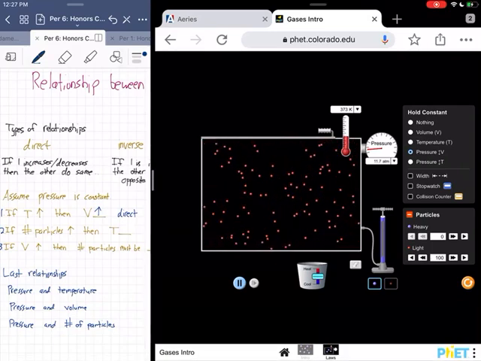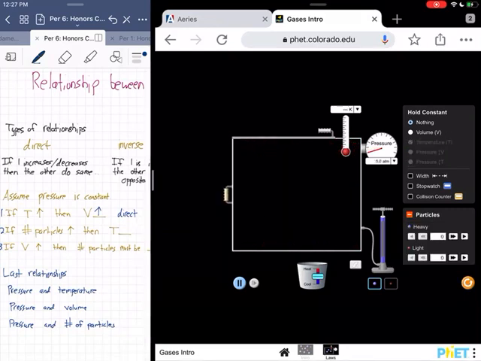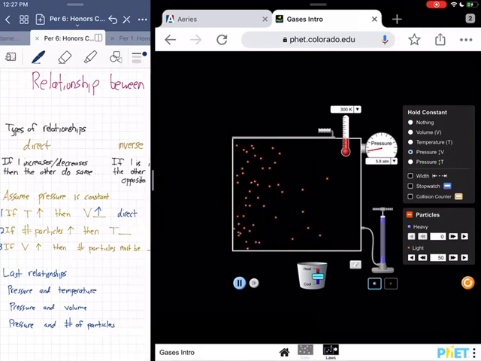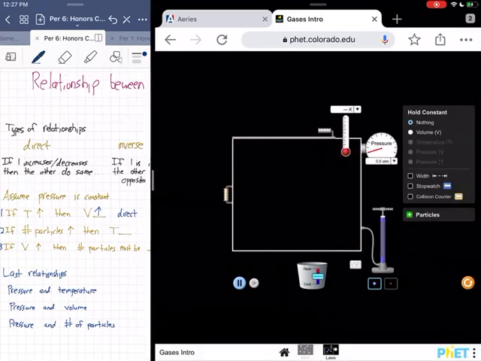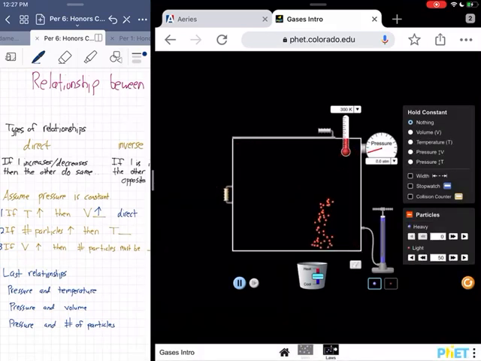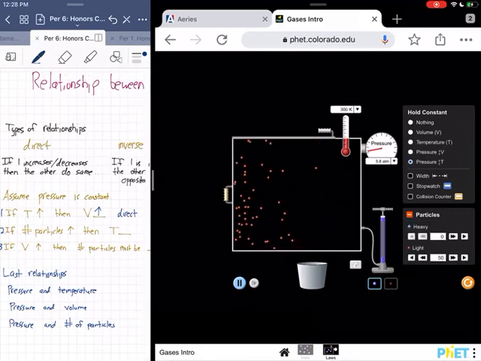Number 2, let's see if we can add different amounts of particles. Let's reset this. Let's add in 50 particles. Let's make sure that pressure is constant. Let's see if we can do that more gradually this time. So pressure is constant. Let's add in another particle. Oops, this one. All right, I've got it this time. So let's put in 50 particles. Let's go ahead and set pressure constant where we can still see what happens to temperature. What happens if we add another particle? Let's see what happens.